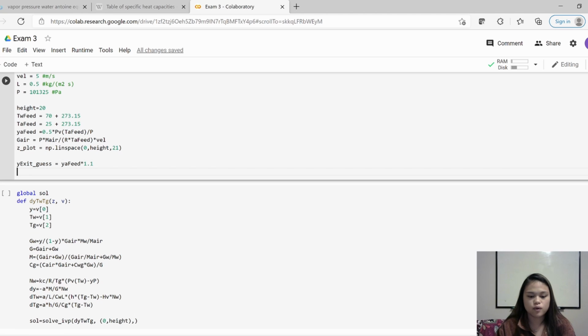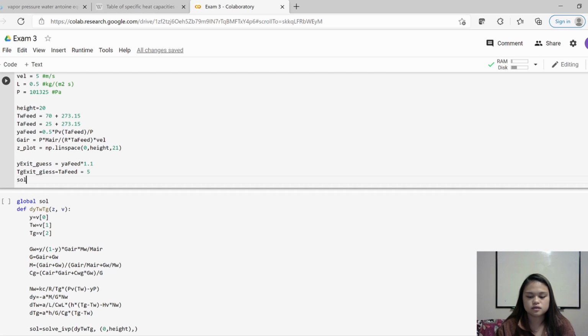And then our guess for the temperature of the gas exiting will be the temperature of that feed air. And let's say we add 5 kelvins. And we're going to have sol equal none. So that will just give us an empty variable that we can use for a solution later.